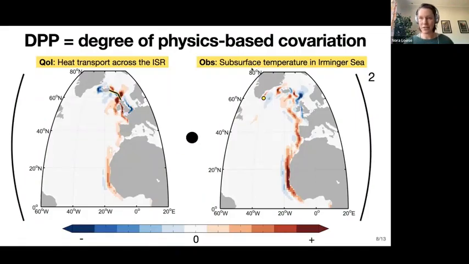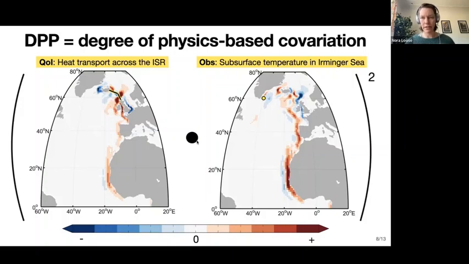So now we can ask, what's the dynamical proxy potential of our OSNAP observation for our transport quantity of interest? And to compute this DPP, we basically compare these Adjoint sensitivity maps that we've seen before. More specifically, we compute the squared dot product of these sensitivity maps.